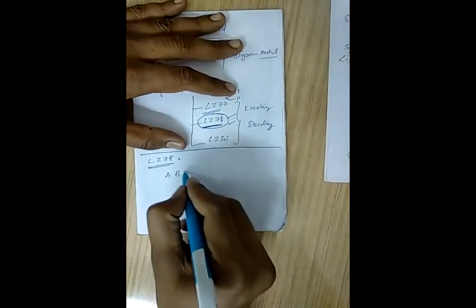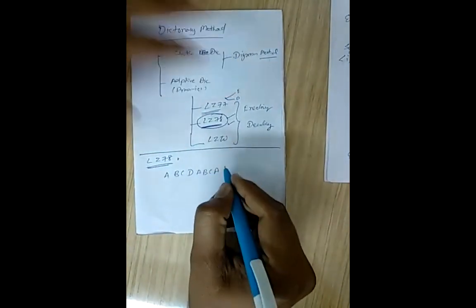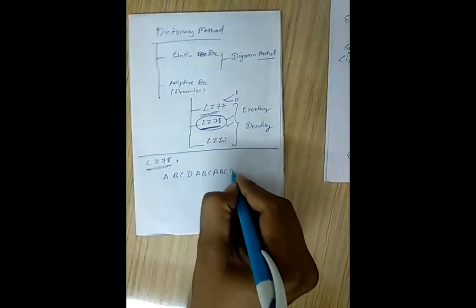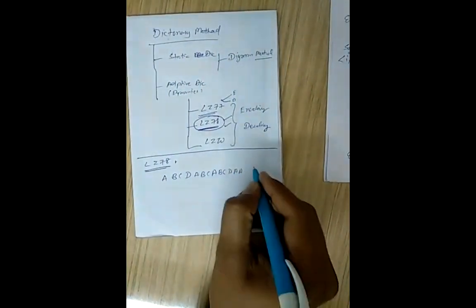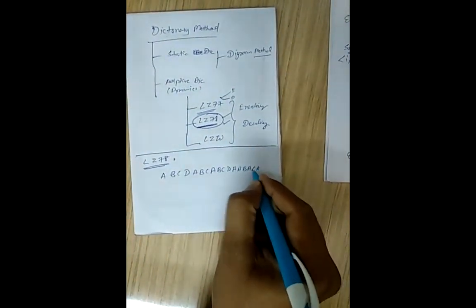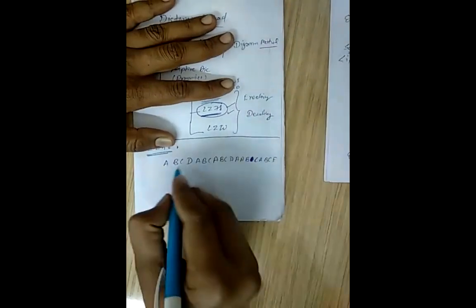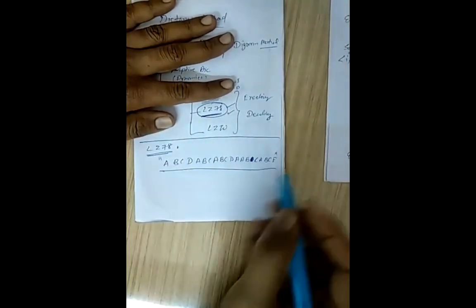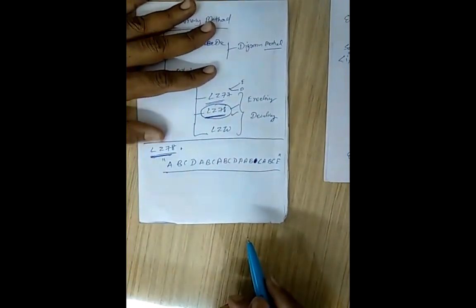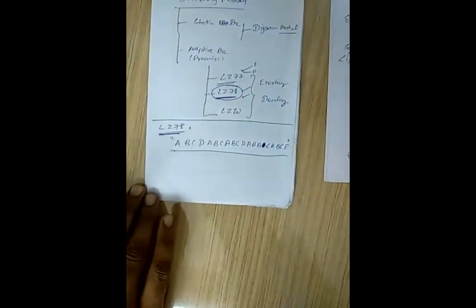That is A, B, C, D, A, B, C, A, B, C, D, double A, B, C, A, and B, C, E. This is the sequence which you please try at your home with LZ78 for your exercise purpose. And if you find any difficulty, please let me know.